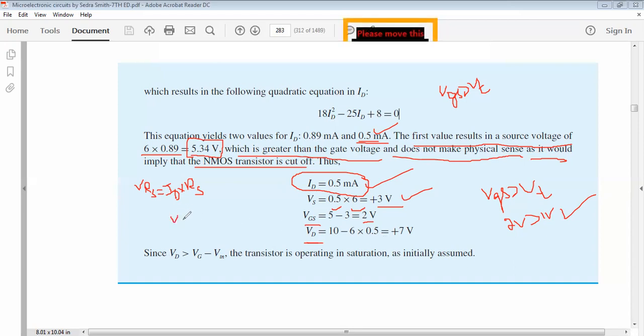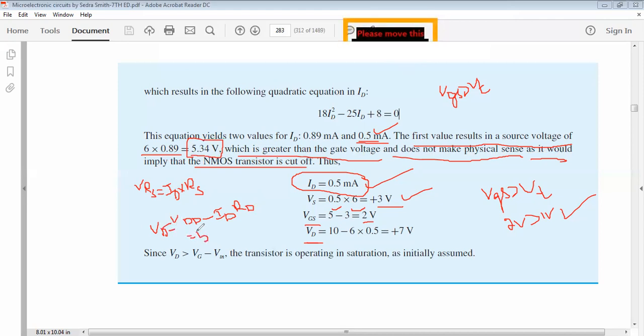Then drain voltage is equal to VDD minus ID into RD. That is the drain voltage. Drain voltage is equal to VDD.